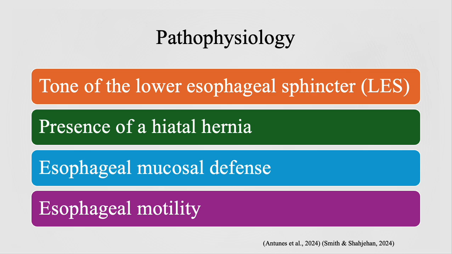A hiatal hernia can exist independent of reflux symptomology, but regardless, the presence of a hiatal hernia plays a significant role in the dysfunction of the lower esophagus and anatomical variances.